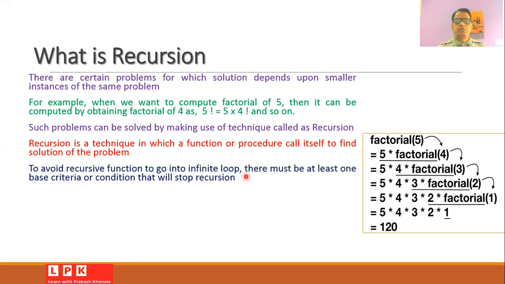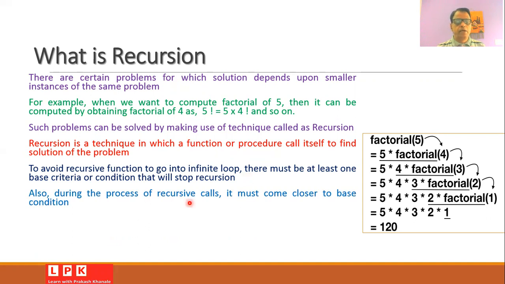Now there are chances that the recursive function may go into an infinite loop, because you are calling a function in the definition of the same function, and this situation must be avoided. It can be avoided by using some base criteria or condition, so that the condition will stop the recursion.